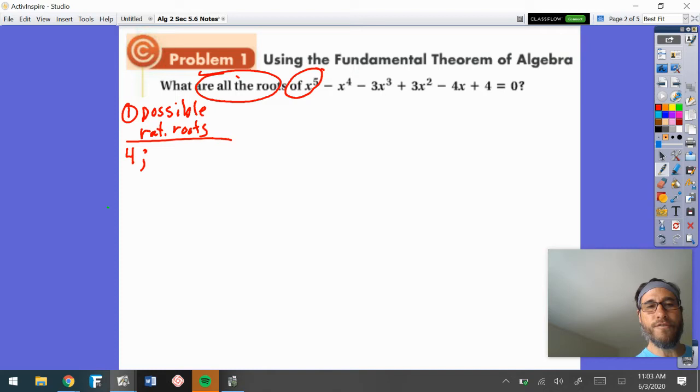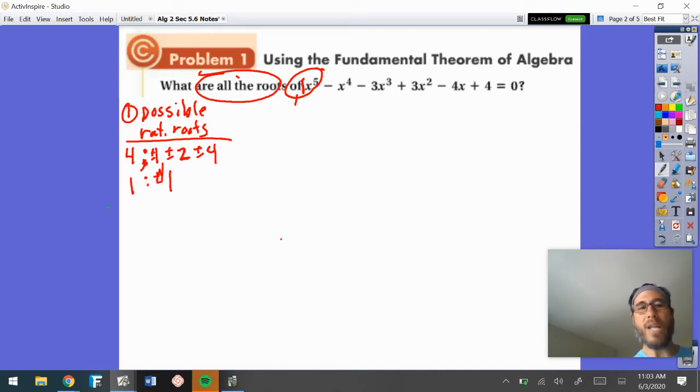What are the factors of 4? Plus or minus 1, 2 times 2, but it could be negative 2 times negative 2, and 4, because 1 times 4, or negative 1 times negative 4. And the first coefficient is 1, so that's going to be nice. The only way you can get that is plus or minus 1.